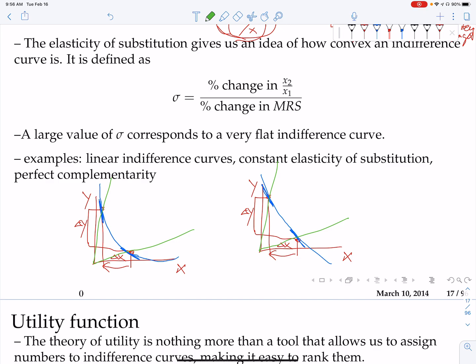Say this slope is 1/2, and let's say this slope is 3. When the slope changes from 1/2 to 3, how much does the MRS change? That will be a measure, right? If it's large, then it's a very convex indifference curve. So that will be a way to look at this elasticity of substitution.